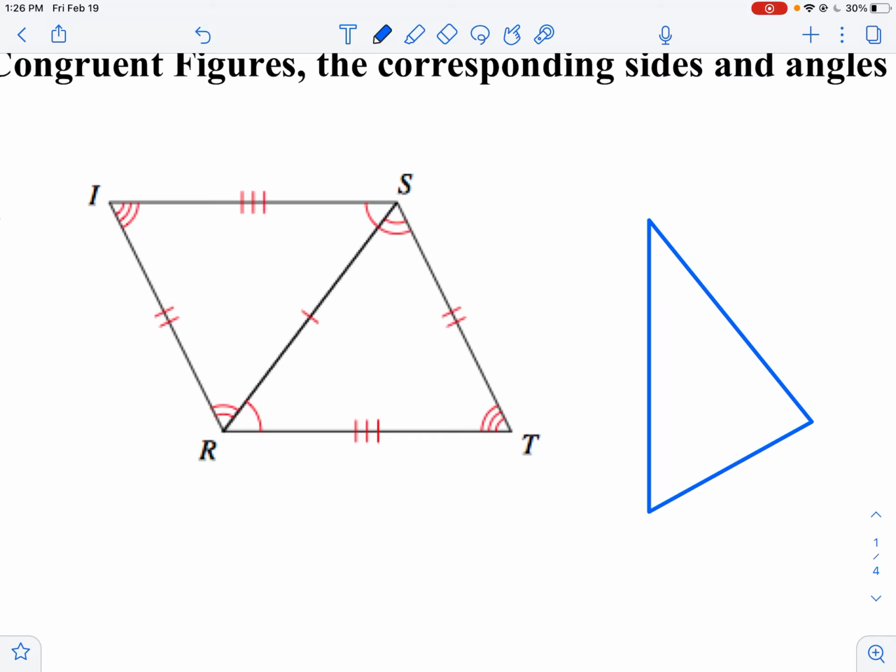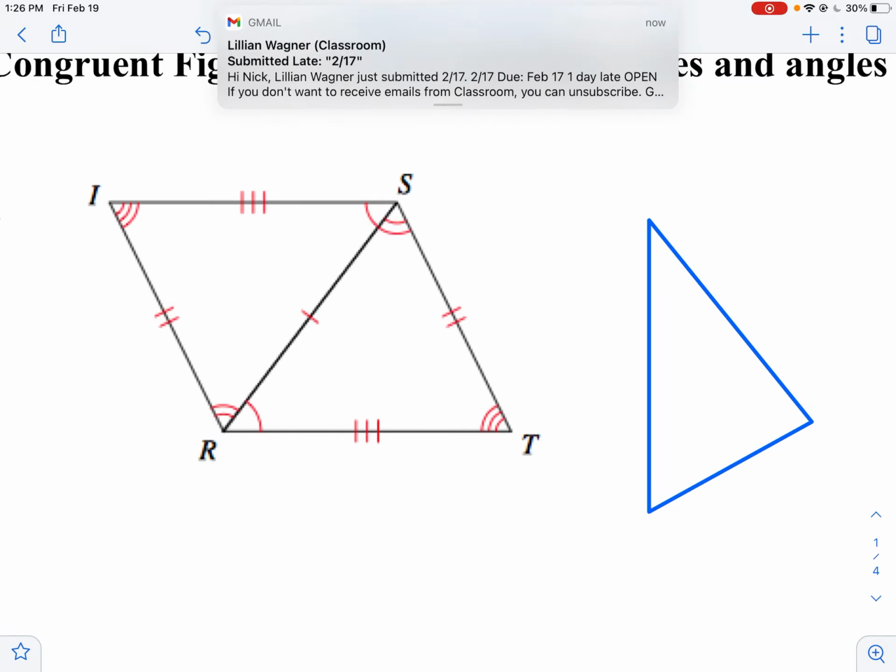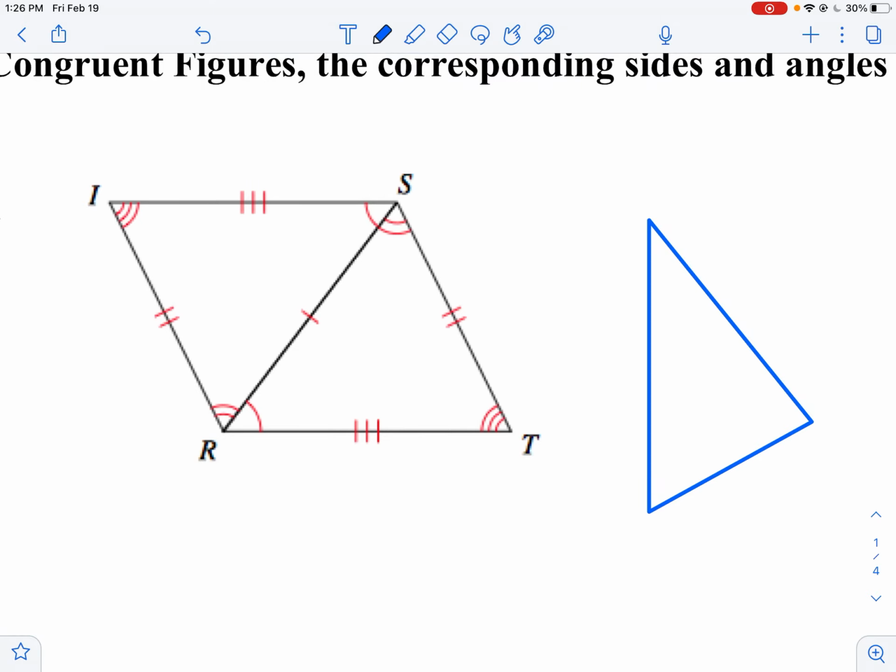And when you're looking at these congruent figures, all the corresponding parts are exactly the same. So let's say I was 70 degrees. Let me put that in the triangle. I bet I can fit that. Let's say I is 70 degrees. Well, T would also be 70 degrees.